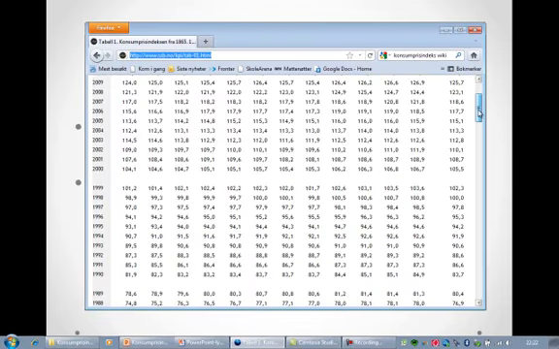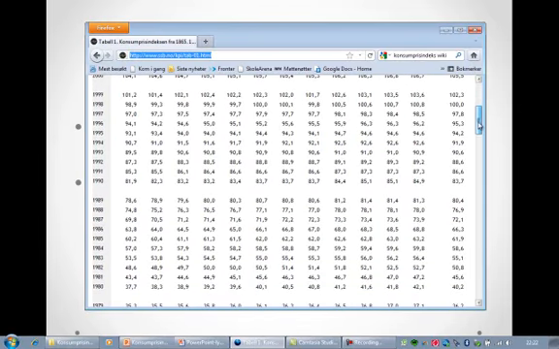Let's look at some older numbers. If we go back to 1982, we can see that the Consumer Price Index was about 50. That means that the average consumption has doubled from 1982 to 1998.